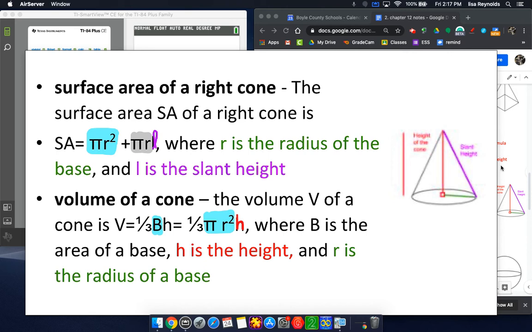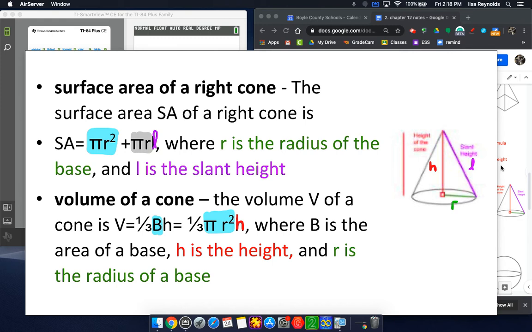So we have our height, we have our slant height, and we have our radius. Surface area uses the surface height, which is the slant, and volume uses the inside height, which is our perpendicular height or altitude. So the key to these is, what do we use for pi?